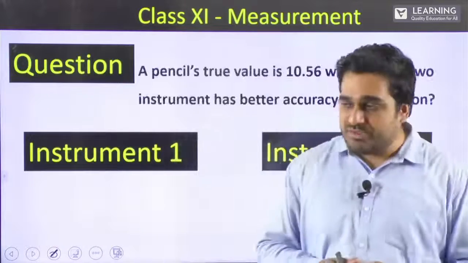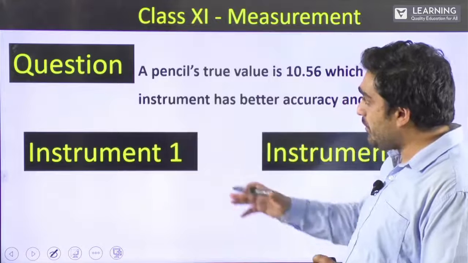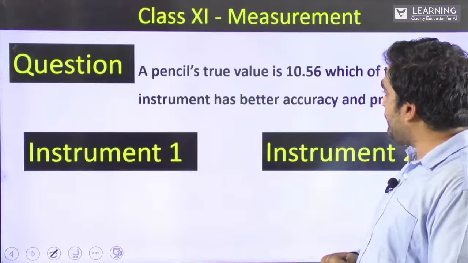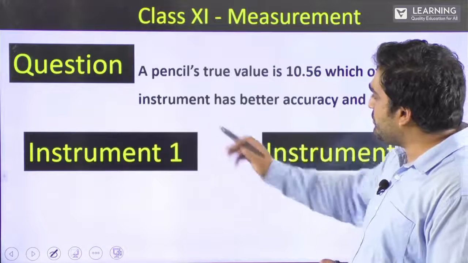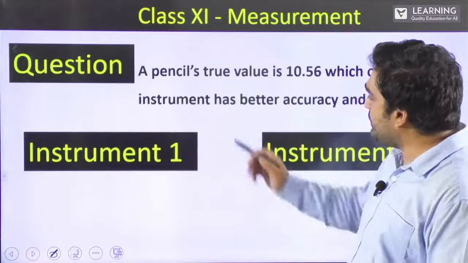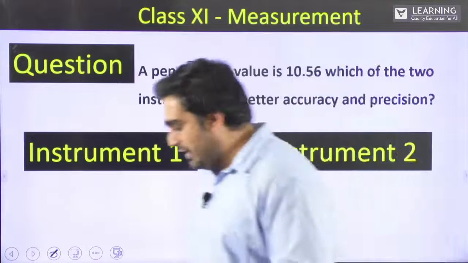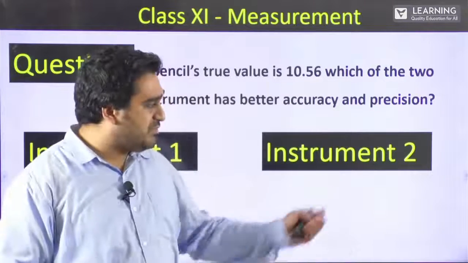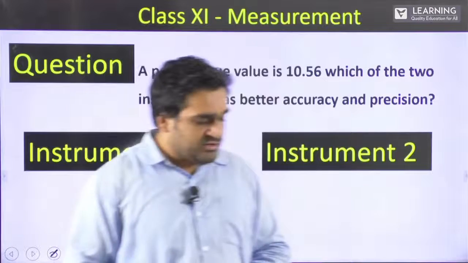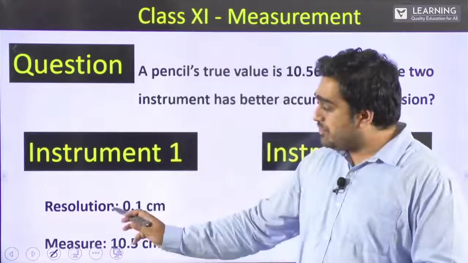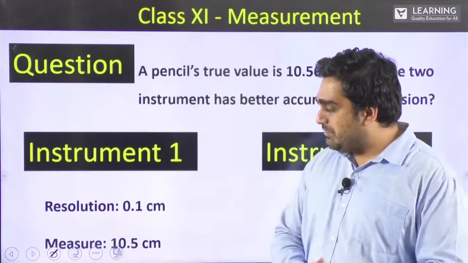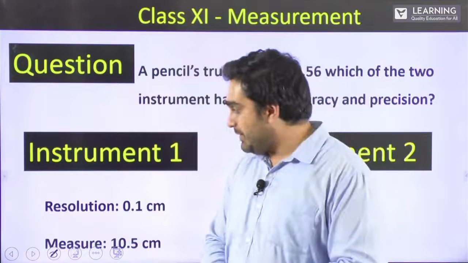Out of these two instruments, the question reads: a pencil's true value is about 10.56 centimeter. Which of the two instruments has a better accuracy and precision? Instrument number 1 has a resolution of 0.1 centimeter and the measure is about 10.5 centimeter.